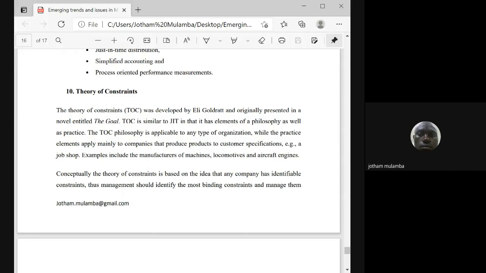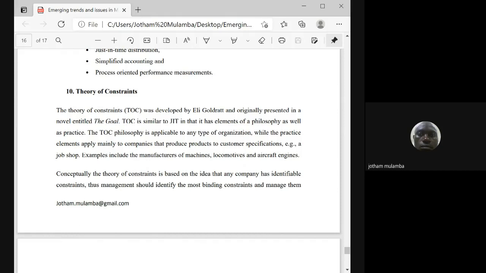Now, the theory of constraints is similar to just in time in that it has an element of philosophy as well as a practice. This philosophy is applicable to any type of organization, while the practice element applies mainly to companies that produce products to customer specification.